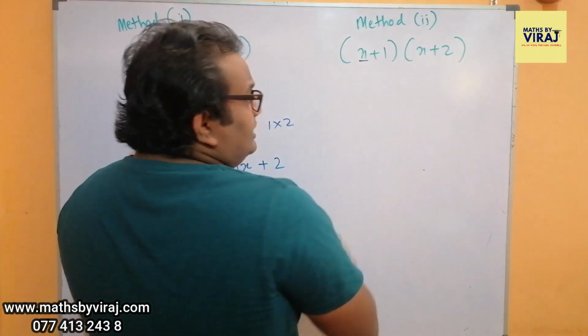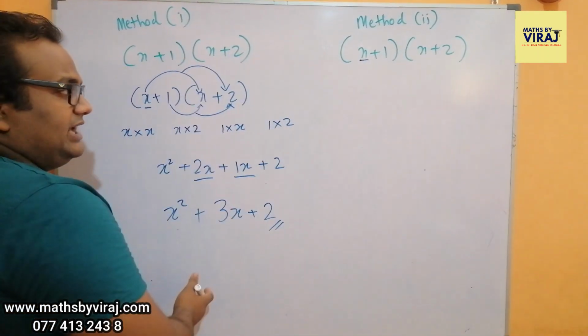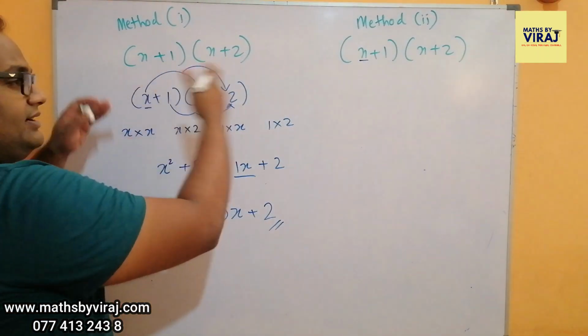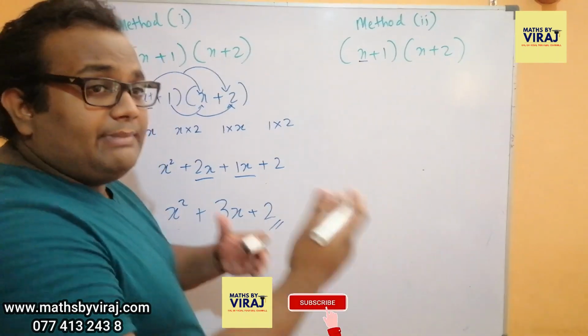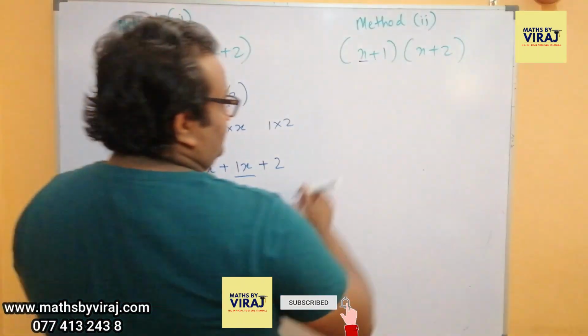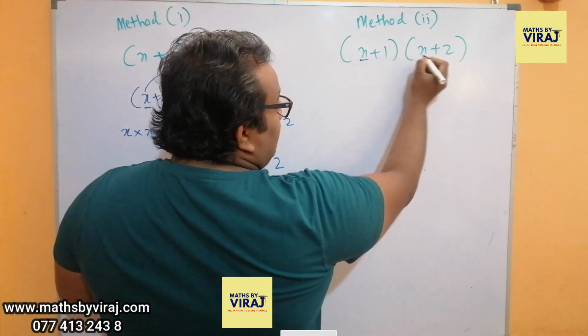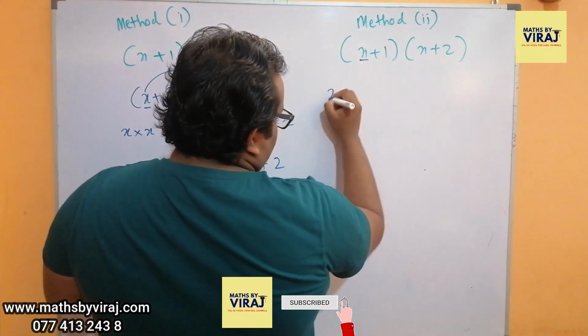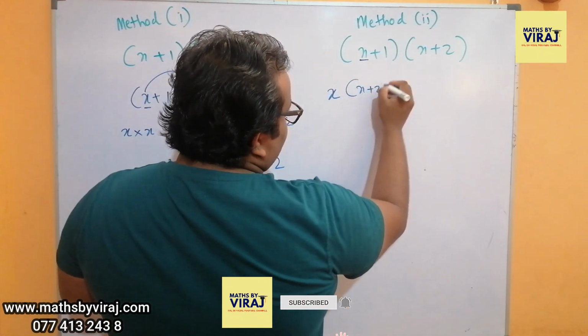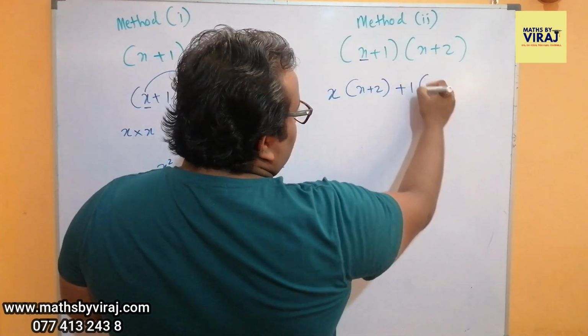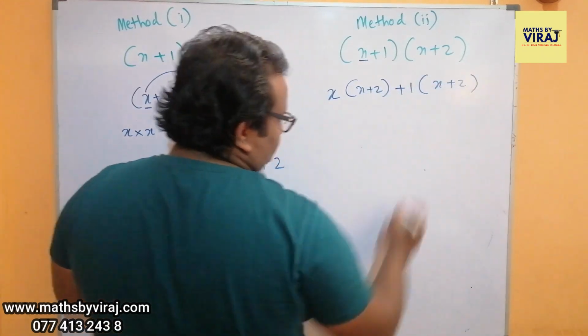Children, in this method, I told you that all the expressions should be multiplied with each other. Therefore, x should be multiplied by x plus 2. And plus 1 to be multiplied by x plus 2.